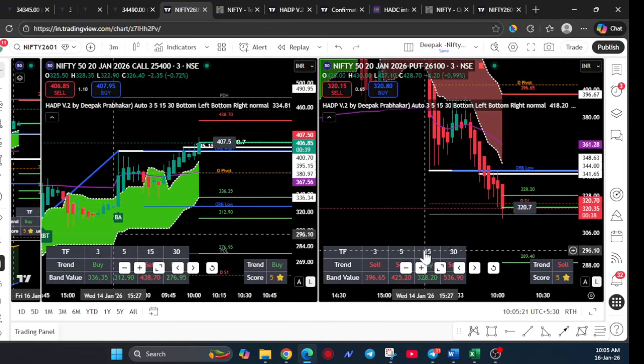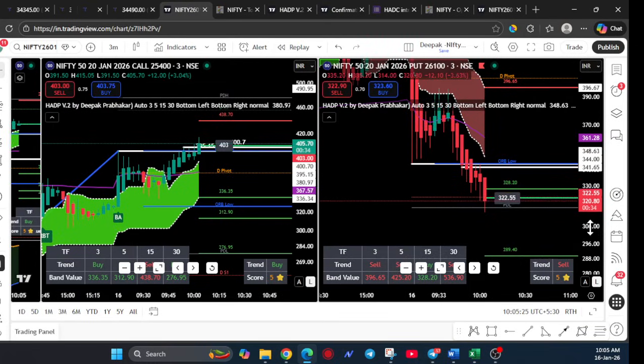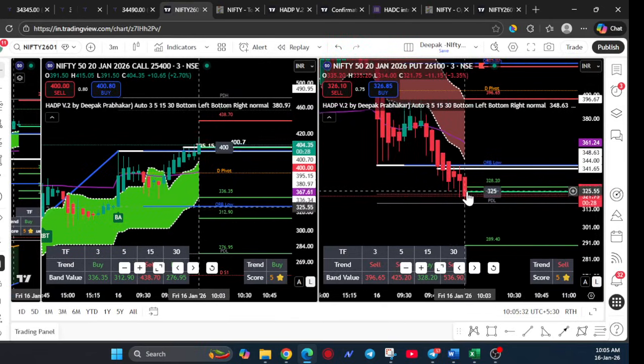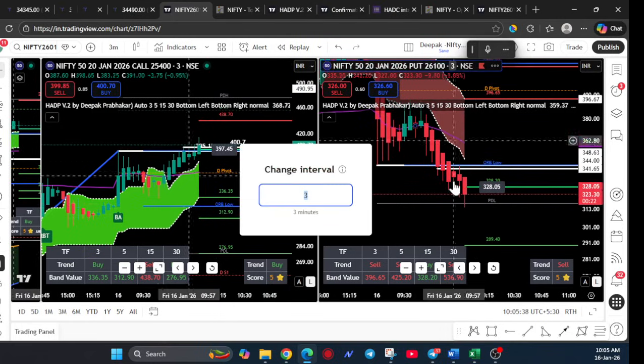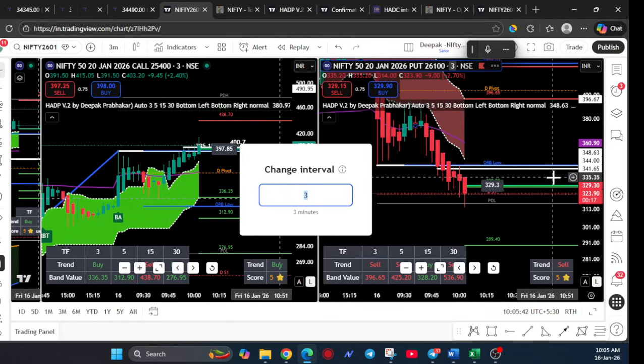Here on 5 minutes, on 15 minutes, you can see the put is on buy, right? The put is on buy at 328. So if 15 minutes is already trading at 325, again it's 328. If the 15 minutes candle closes below 328, then 15 minutes will also change to sell.